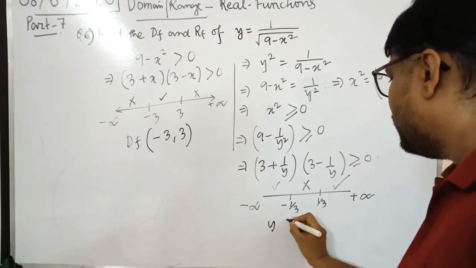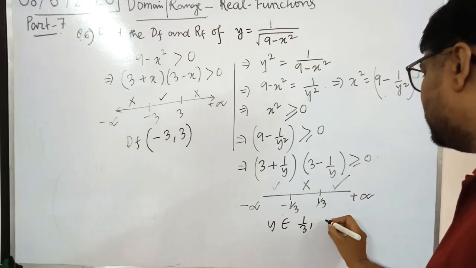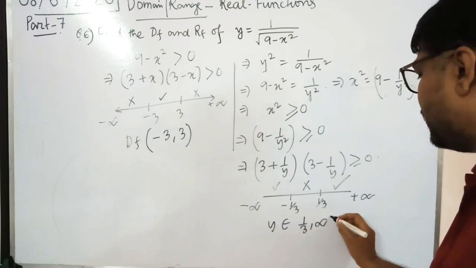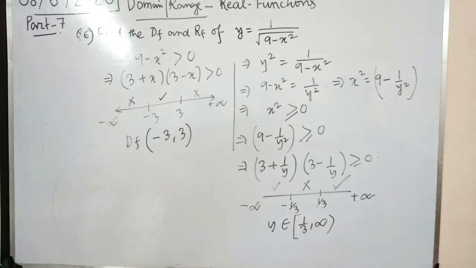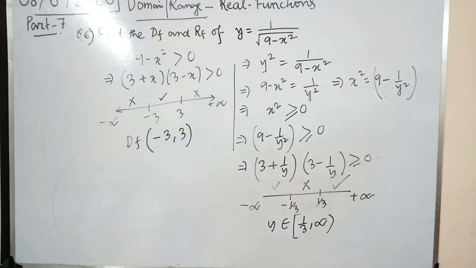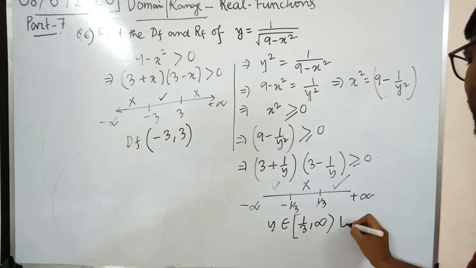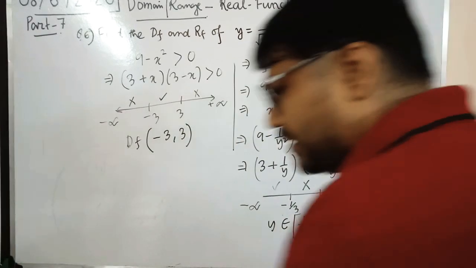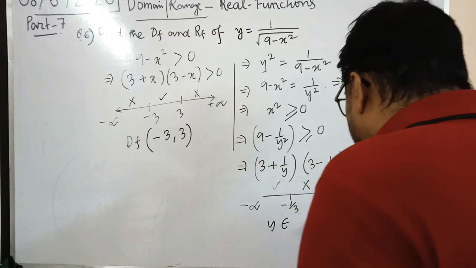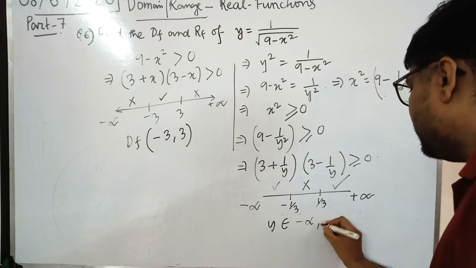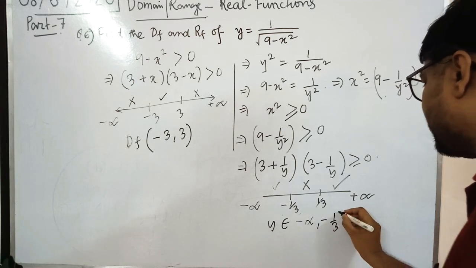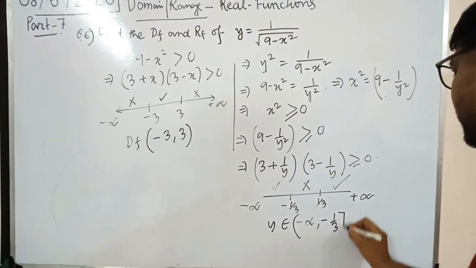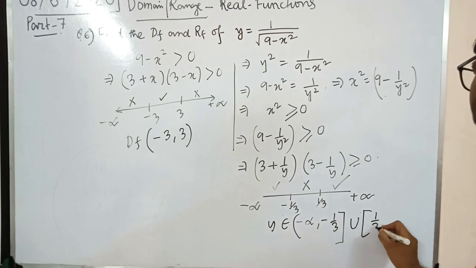That means y belongs to either 1/3 to infinity, or I'll write this first, that would be better: minus infinity to minus 1 by 3, and union 1/3 to infinity.